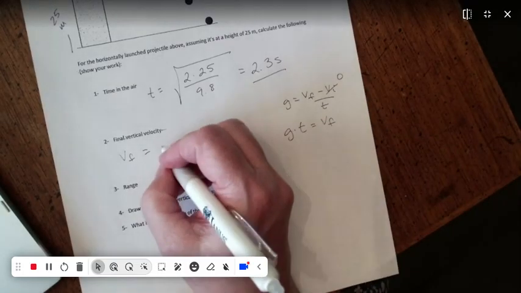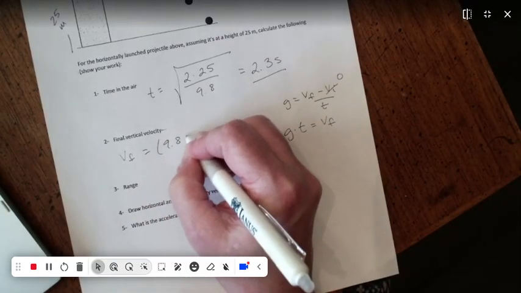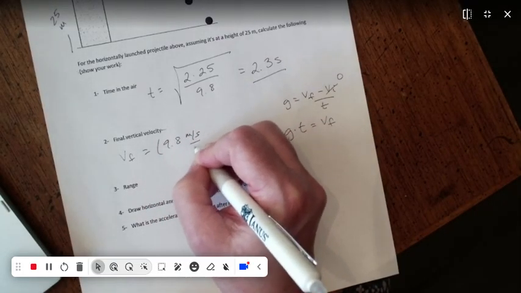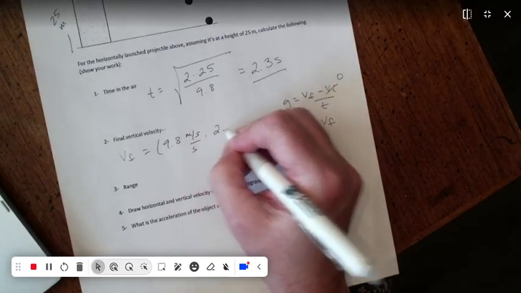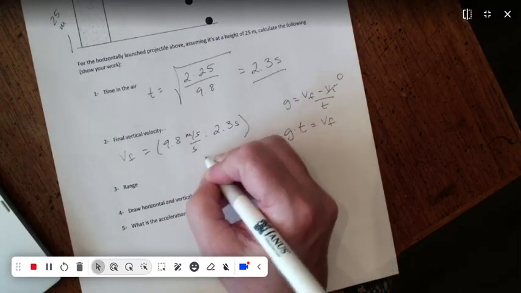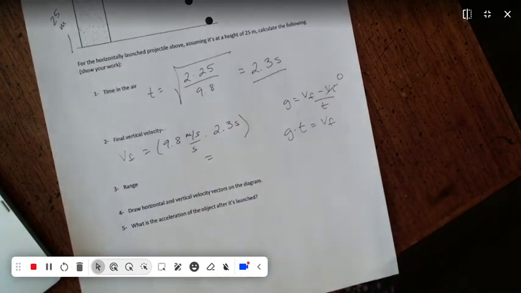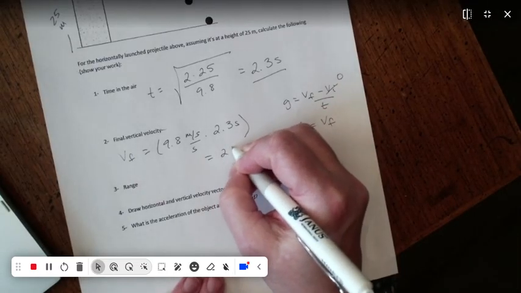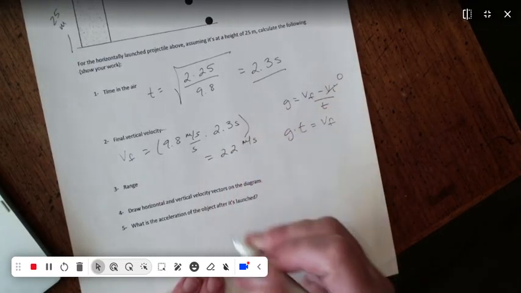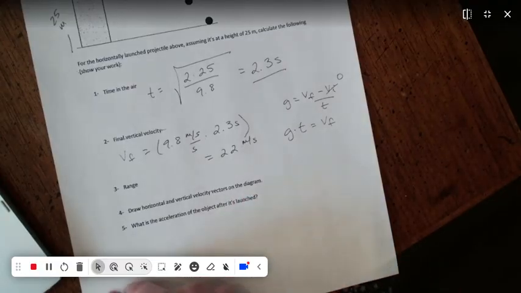So if I multiply 9.8 meters per second by 2.3 seconds, I'm going to get how fast it's going, and this is right before it hits the ground. Okay. So when I multiply 2.3 and 9.8, I get 22 meters per second. So that's how fast it's going, because every second it's been speeding up by 9.8 meters per second.